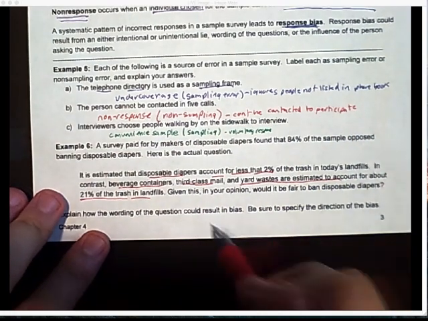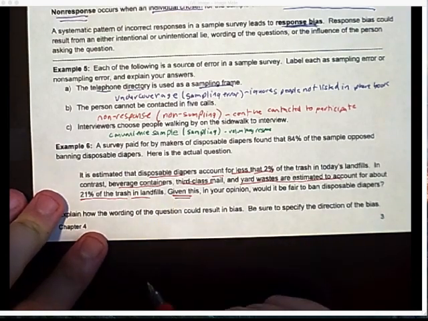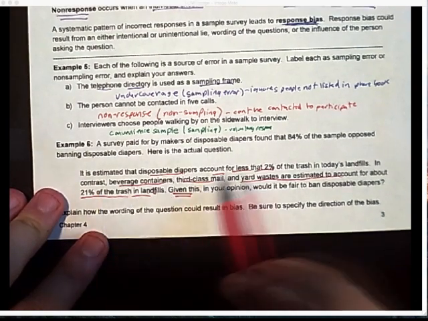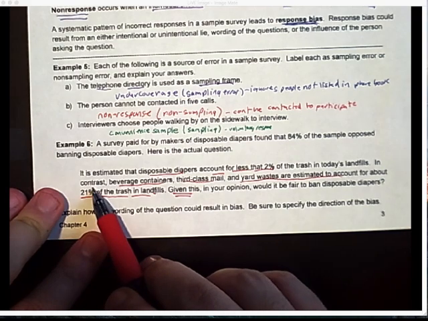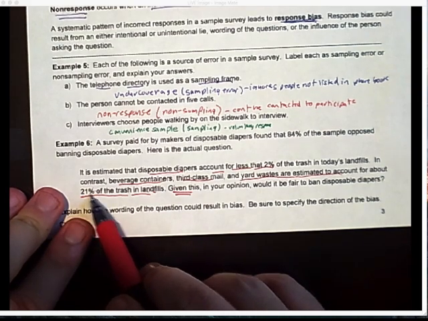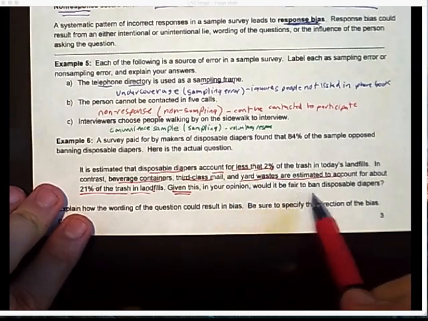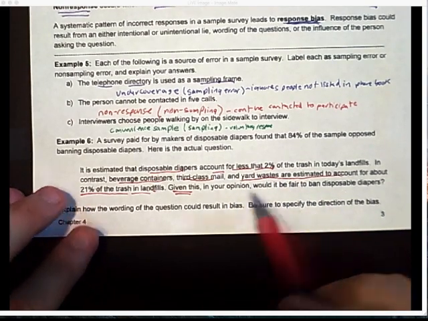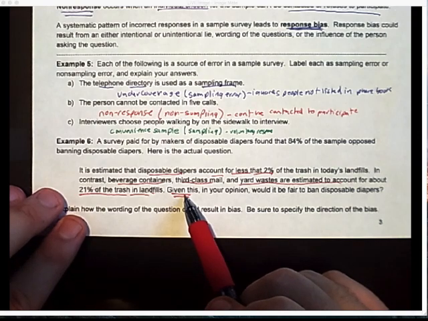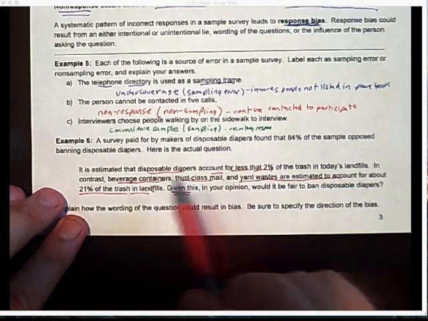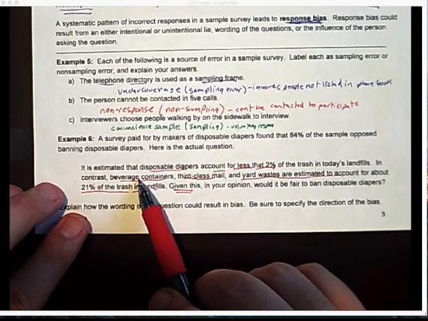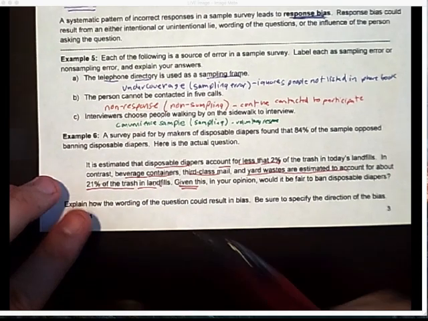And then they're directing your attention to "given this." Okay. So they want you to think about the numbers they just gave you. All right. 21% is more than 10 times this. In your opinion, would it be fair to ban disposable diapers? They're trying to get you to answer a certain way based on 2 facts that they gave you. All right, so they're trying to influence your opinion.